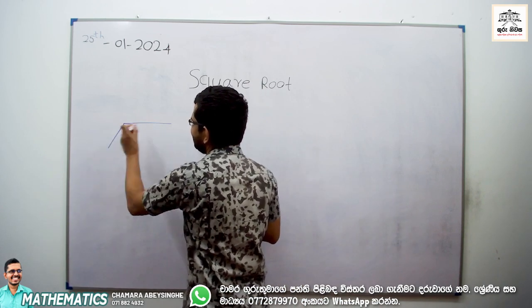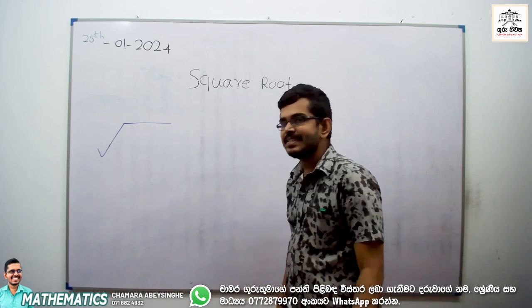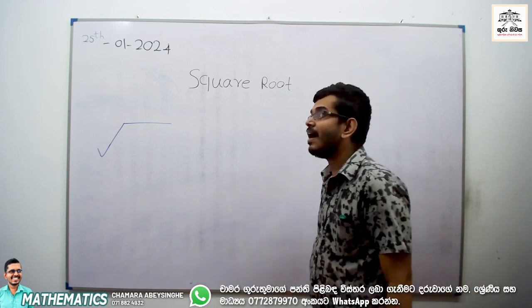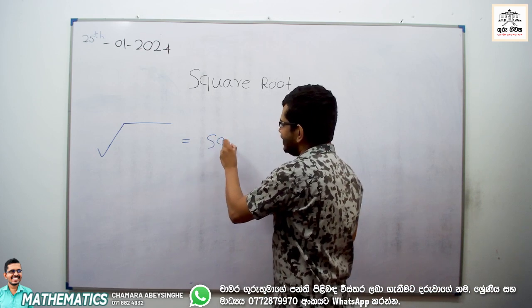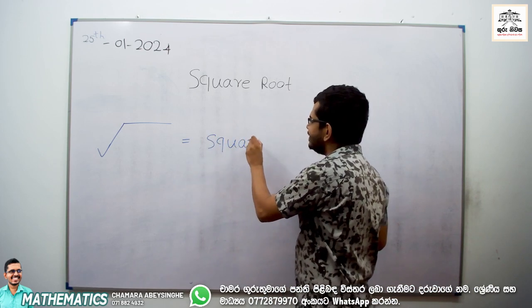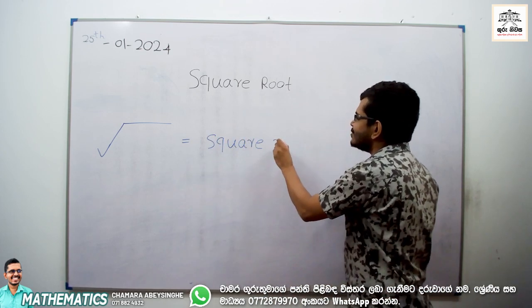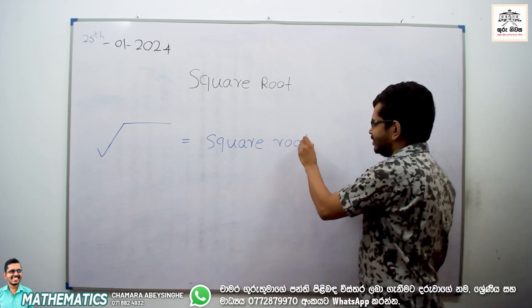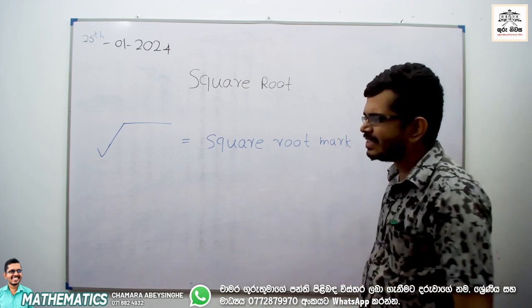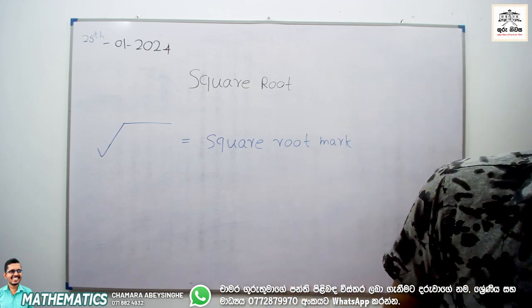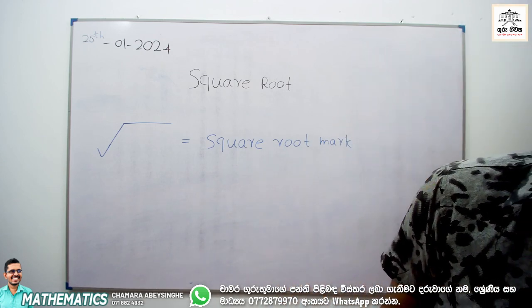And you know, student, this is the square root. This is the square root mark. And tell me what is the meaning of the square root? What is the meaning of the square root?